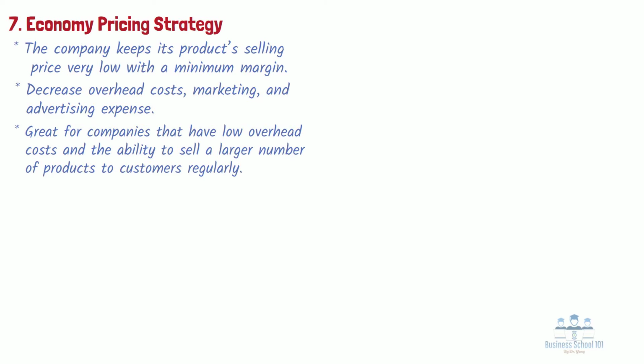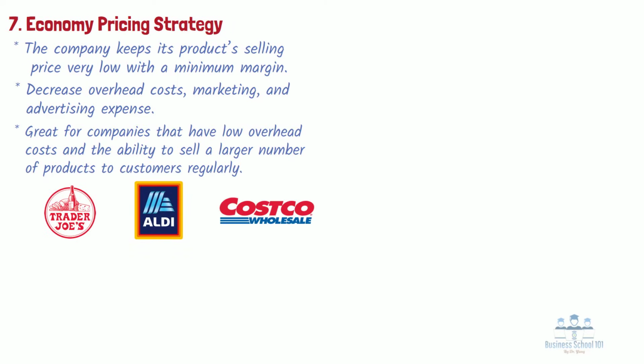First, supermarket store brands. Some grocery stores have their own version of popular brands. Companies like Trader Joe's, Aldi, and Costco are excellent examples that capitalize on economy pricing to drive their growth. Second, generic drugs and medications. Much like supermarket store brands, there are lots of different types of generic over-the-counter medications available through companies like CVS and Rite Aid.